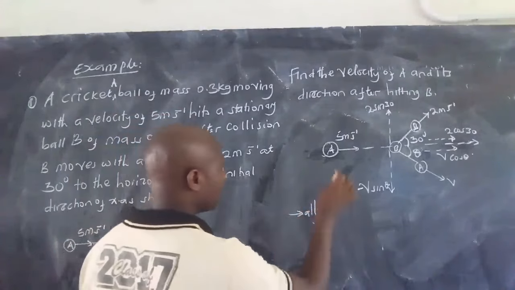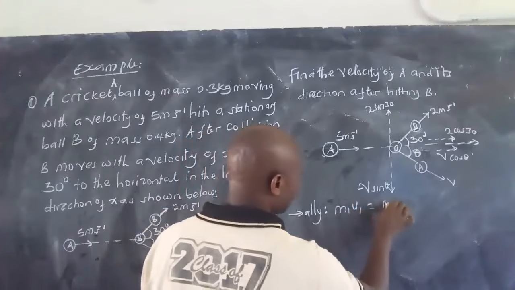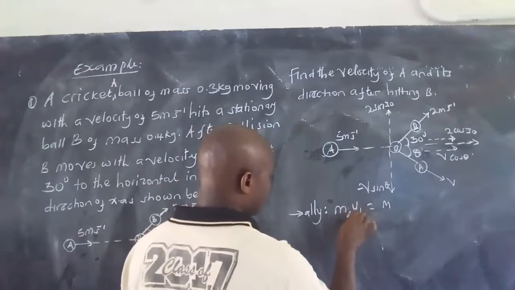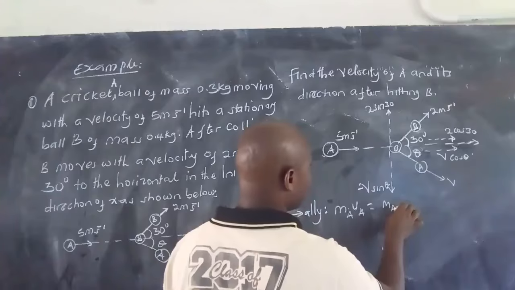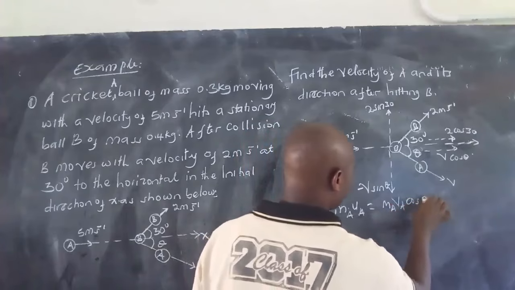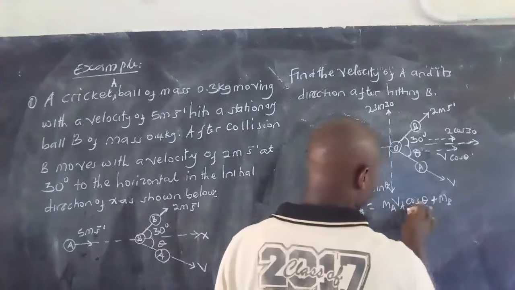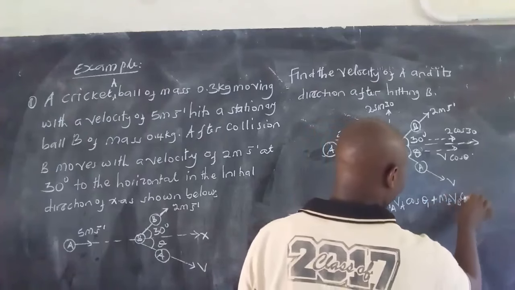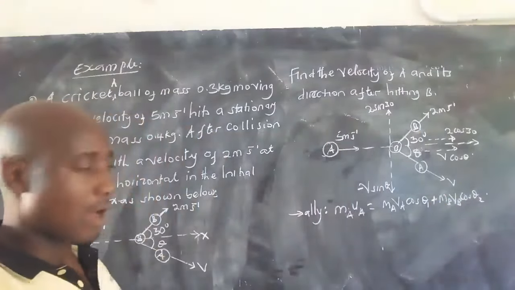So we now start with horizontal motion. Horizontally, momentum for collision is M1 U1 equals MA UA, which equals MA times VA cos theta plus MB VB cos theta 2, supposing those are different angles.